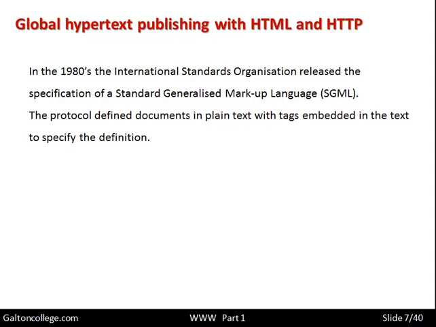So, although it was back in the 1980s, a long time ago, it was also getting close to what we use now. There were tags that were defined within the document, and these were embedded tags which would enable the document to be hyperlinked. So the whole process had started a long time back.